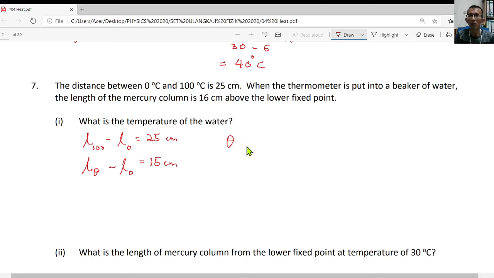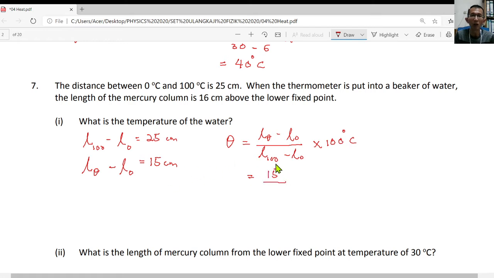If you notice, before I solve any question, I will write the formula, the equation, first. So theta equals L theta minus L0, divided by L100 minus L0, multiplied by 100 degrees Celsius. L theta minus L0, that is 15.